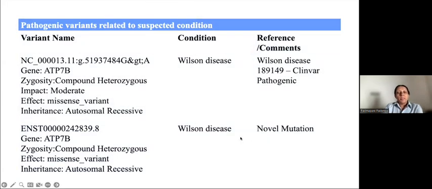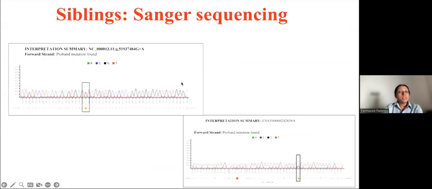Then we did carrier screening. We did Sanger sequencing of the other two siblings. As I told you, Sanger sequencing is important for validation, and if the family mutation is known, you can do Sanger sequencing of the other siblings.